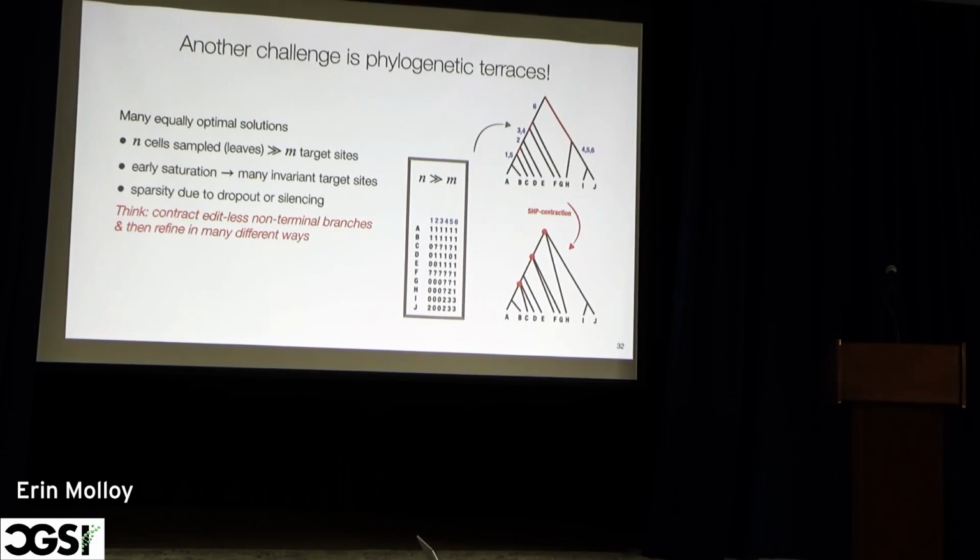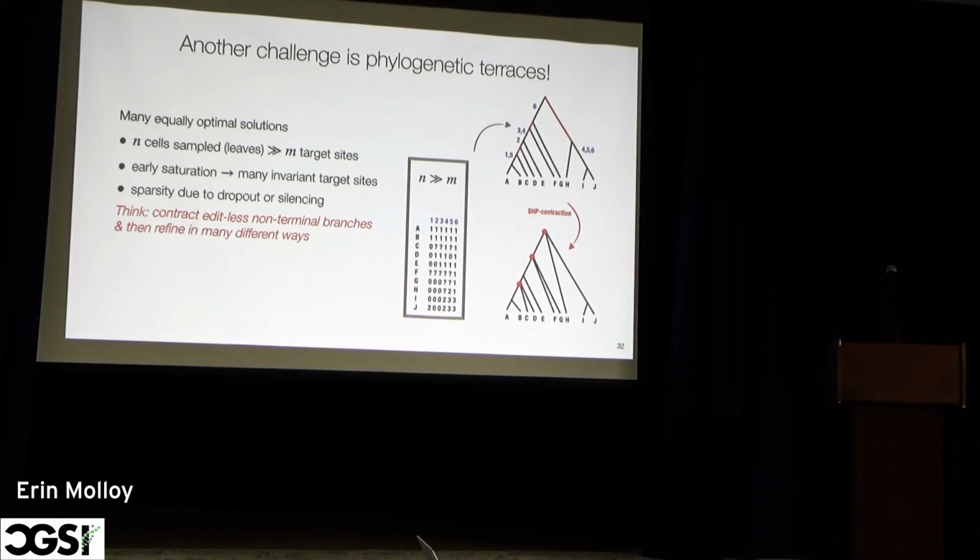And so this is one intuitive way to think about this. Two is that if you have a very large tree, not that this one is so large, I've labeled the branches that don't have mutations in red, and I would label the branches with mutations with numbers corresponding to the mutation in the matrix. And if we contract all the red branches, we get this tree with polytomies, or out-degree greater than 2.